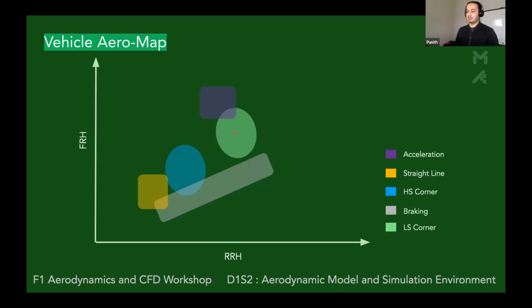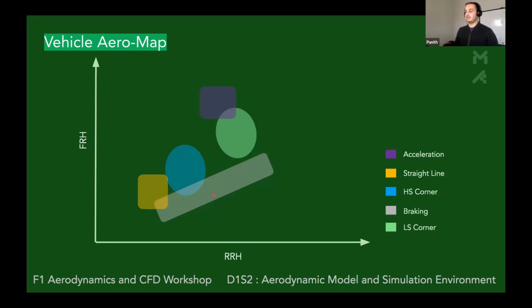And then a low speed corner generally sits up here. Your ride heights are quite high as you're trying to negotiate a very low speed corner like in Monaco, or well, most corners in Monaco. But it just gives you an idea that the data that comes from a racetrack can be put into these zones, and this is important because this is where your CFD simulations sit.